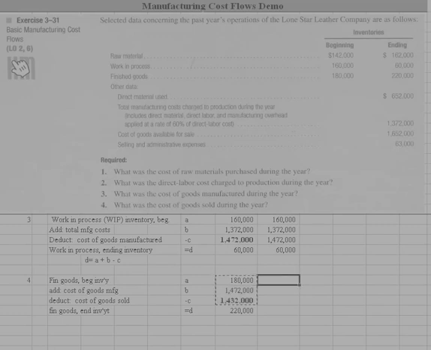What I will do is copy these over, and then copy that formula, which takes A plus B less what's in C, which is the cost of goods sold, and it should equal 220. Since those two numbers are the same, I know we've solved it correctly. This is our nice proof. And we have now completed the exercise.